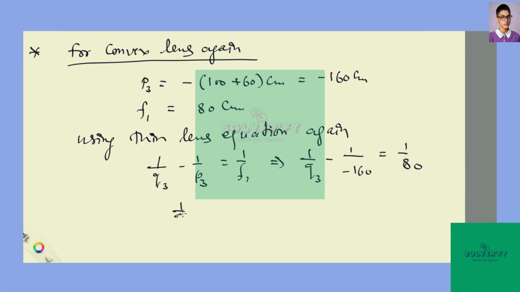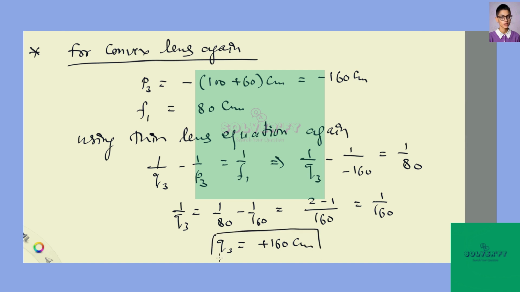So finally this 1 by q3 becomes 1 by 80 minus 1 by 160, LCM is 160. So here this is 2 minus 1, means 1 by 160. So finally the image formed by the convex lens again is plus 160 centimeter from the optical center of the convex lens towards the right-hand side of the lens. So these three are the answers for the first part of the problem.